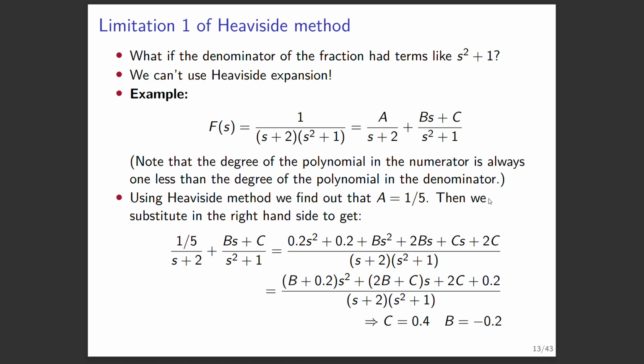So look, we found a, then we can solve it by just adding them up and then solving the numerator so that we get on the right hand side what we have on the left hand side, which means c is 0.4 and b is negative 0.2.